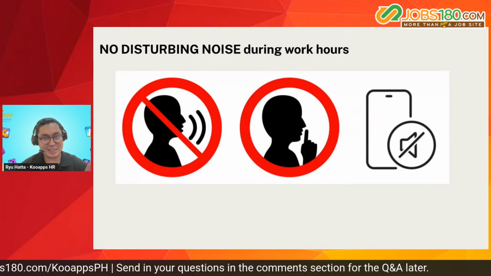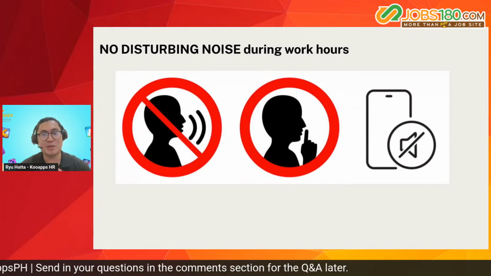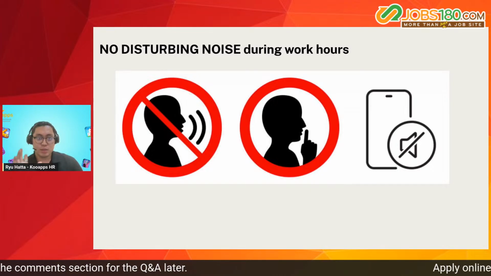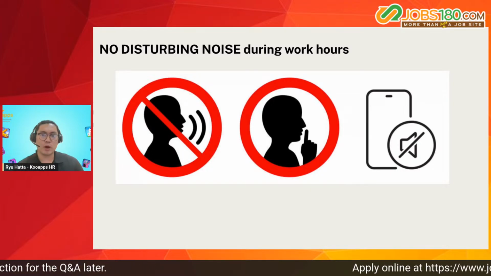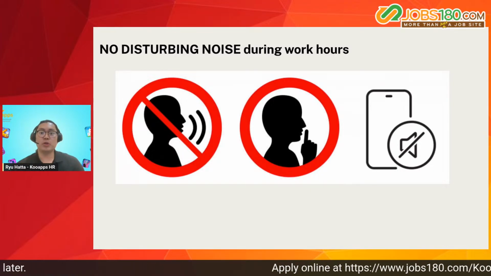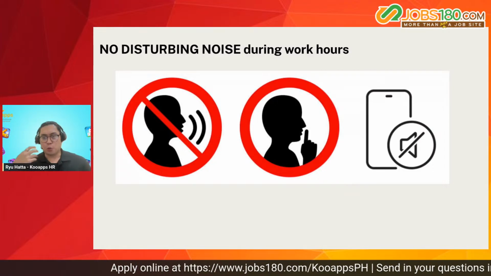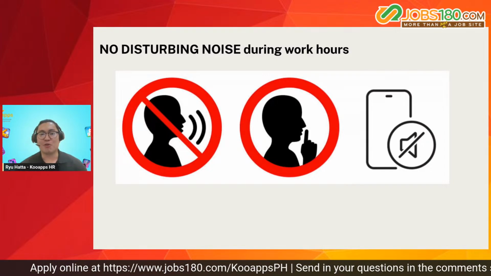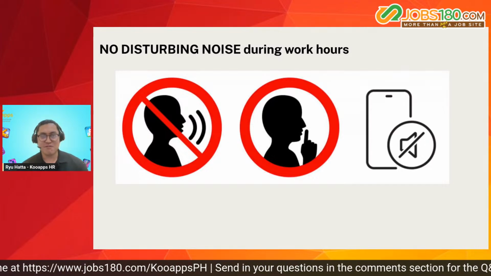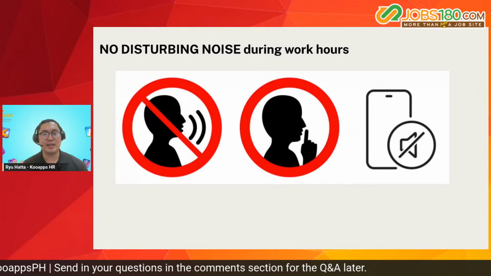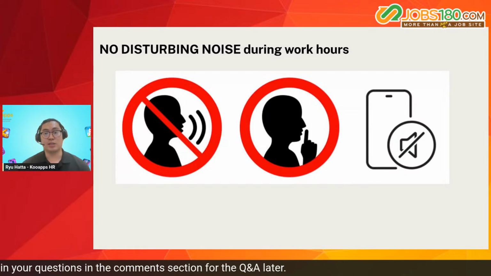So, very simple, as shown in the picture down below. One thing that you can do to stop any disturbing noise during work hours is to put your phone on silent. Because, guys, imagine you're working hard, you're struggling with your projects, with everything, and suddenly you're bombarded with noises that are distracting you constantly.